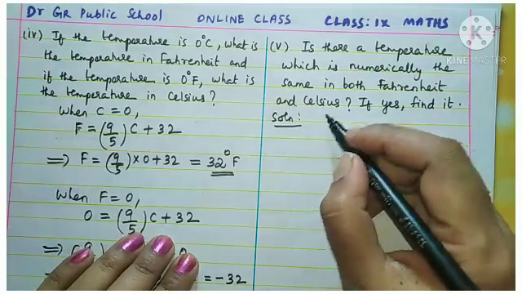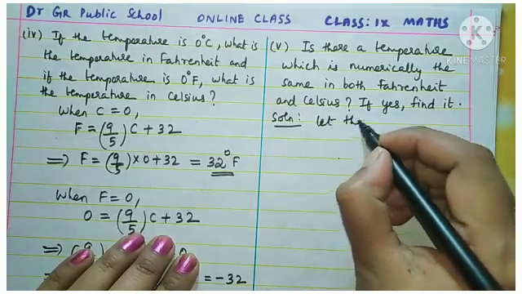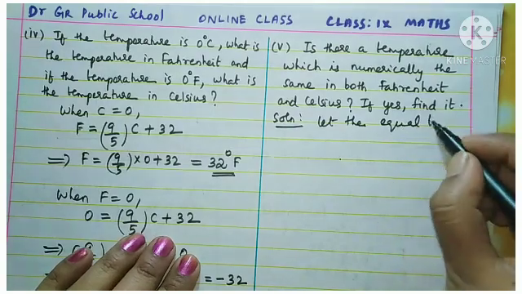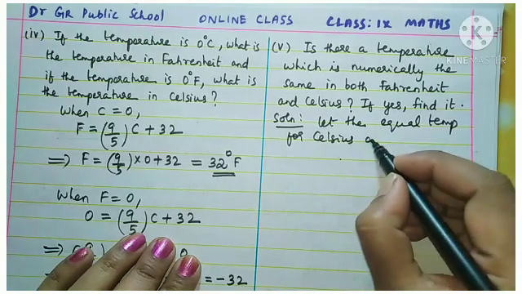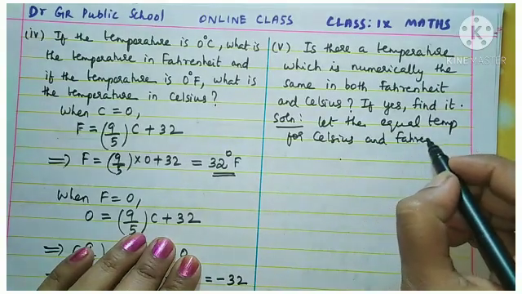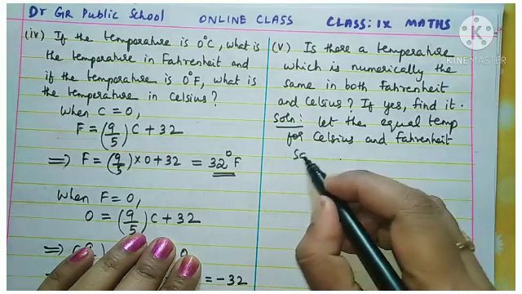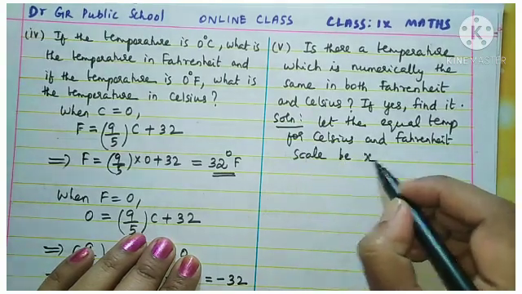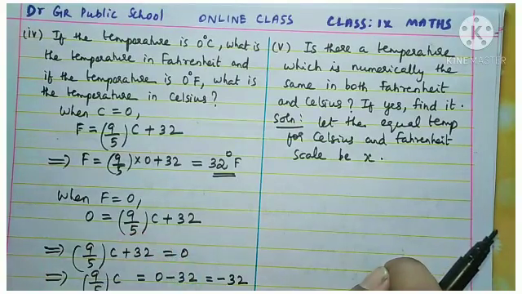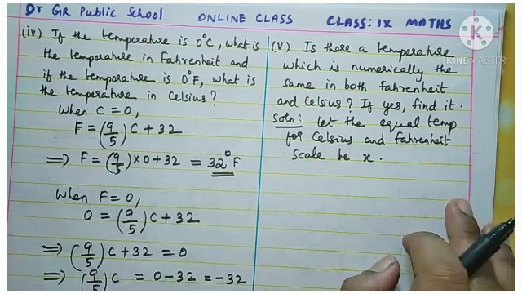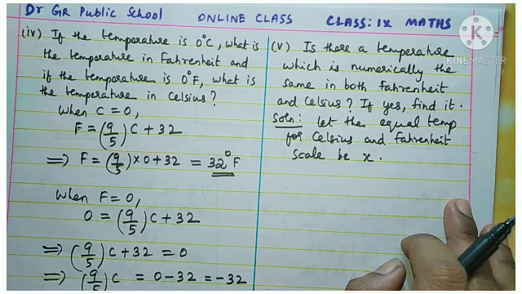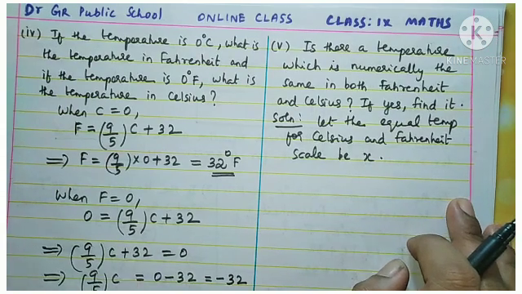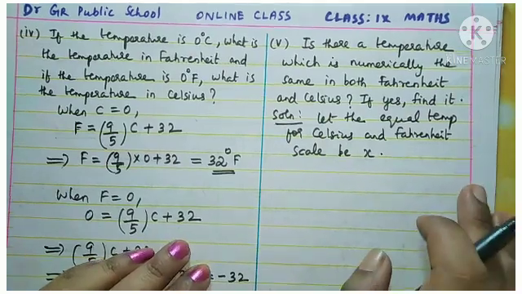So I am going to take, let the equal temperature for Celsius and Fahrenheit scale be X. Since we are assuming equal temperature, I took for both the scales the value X. Now we are going to put these equal values in our equation.